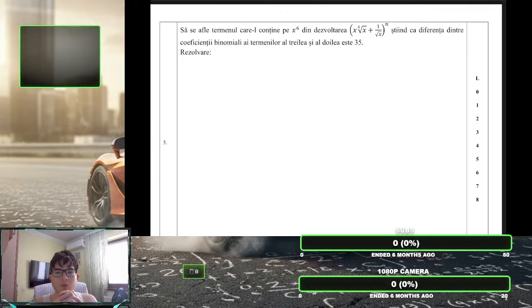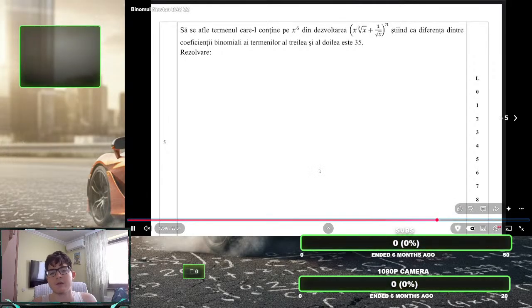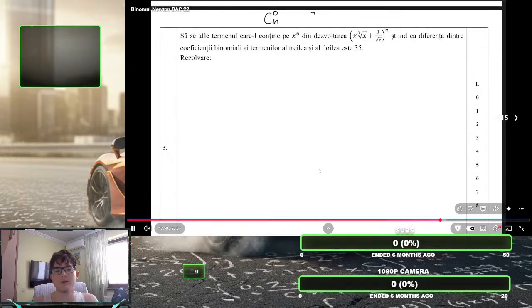We just work with a C from the formula of a third term minus the C of the formula of the second term, and equal that to 35. We get an n, work with this, work with that, just like before. That's it. So write what you have to write in the best way.